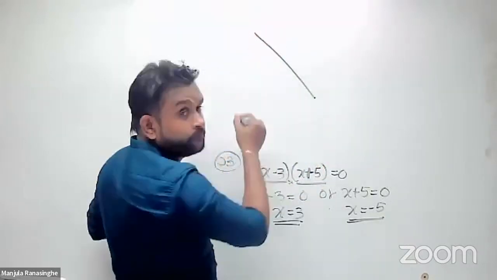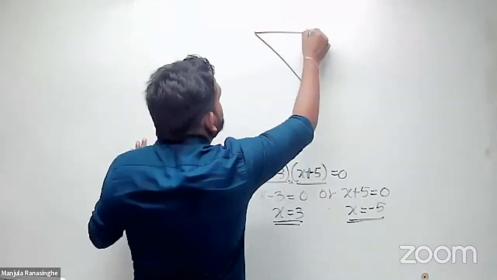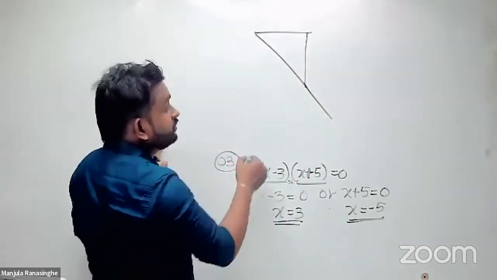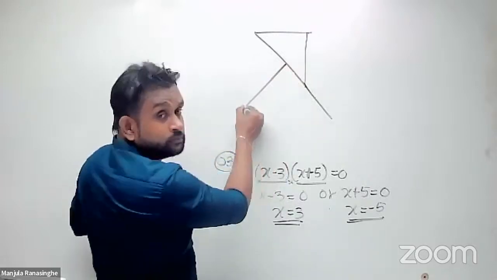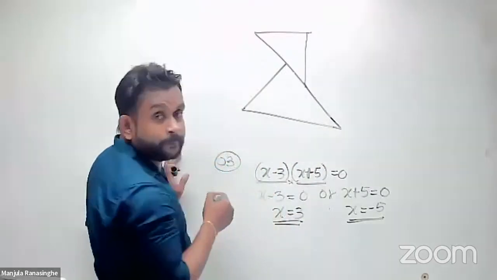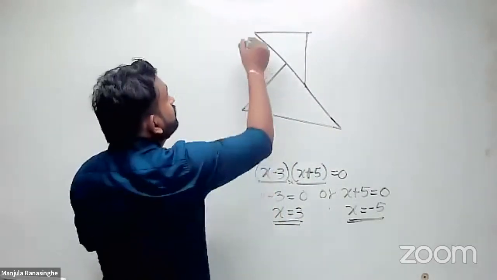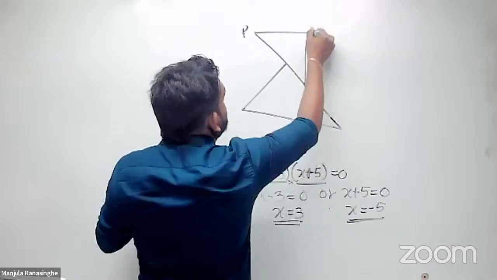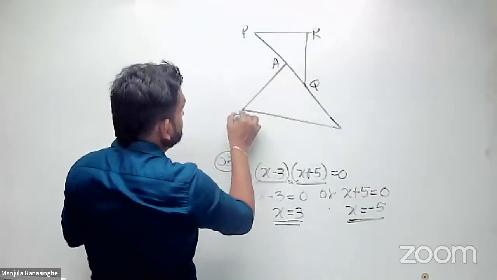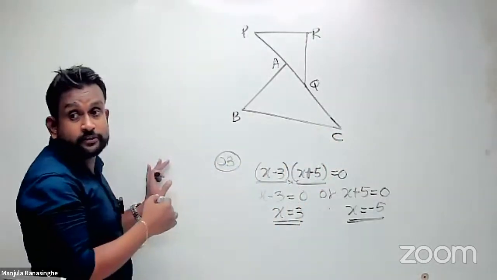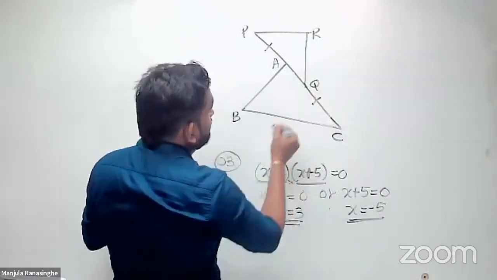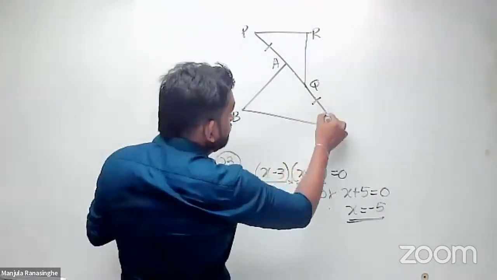Here we have two triangles, PQR and ABC. Here these two sides are equal, this side equals this side, and here this angle equals this angle.